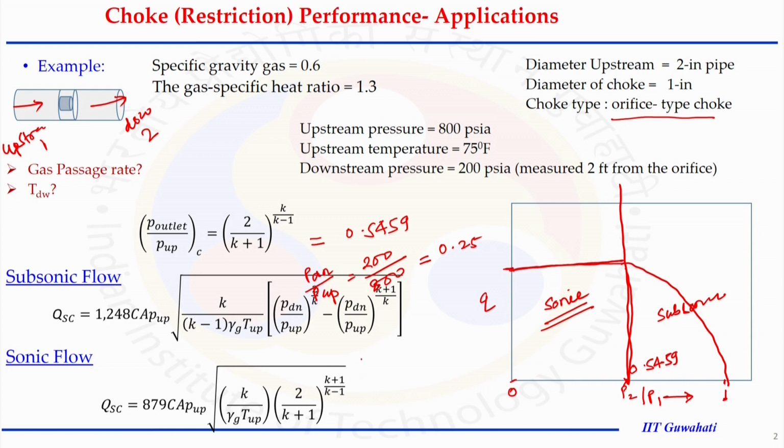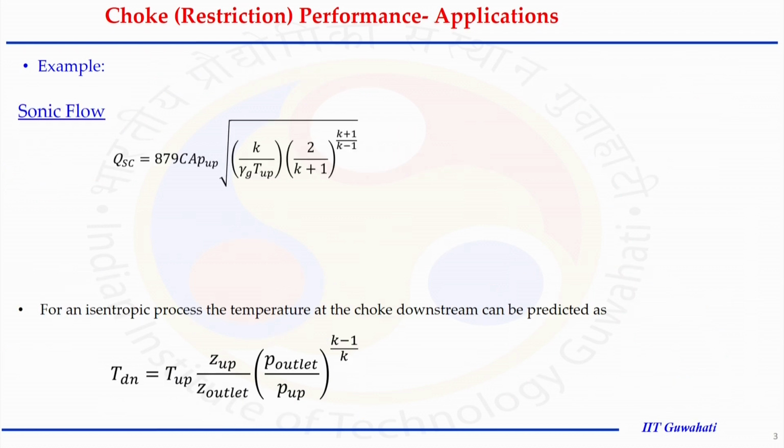This is the equation that is going to be used, and in it we can calculate the flow rate Q at standard condition. The numerical value depends on the parameters being defined in a particular unit.